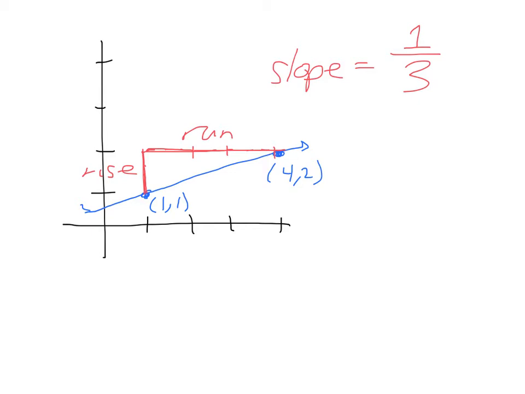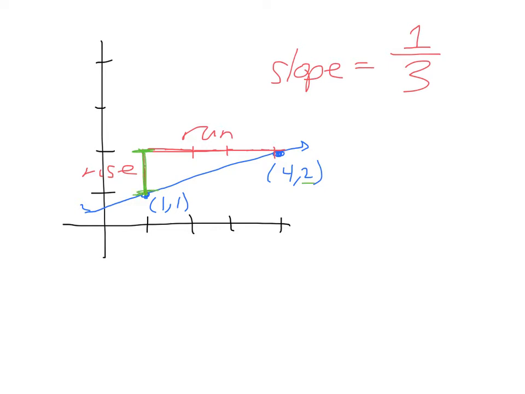Now, if you think about this in a way, let's look at that a little bit closer. We started with the rise, which was 1. And we found that that was this here. Now, you notice that it's going from the level 1 up to the 2.